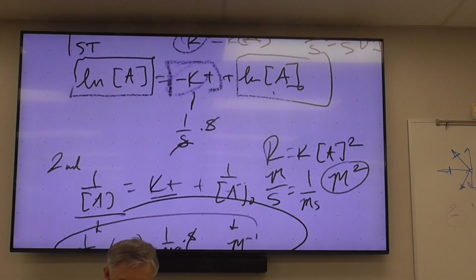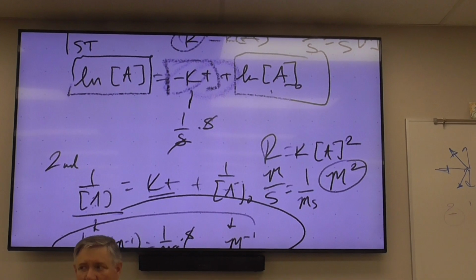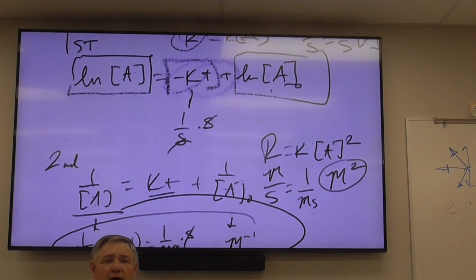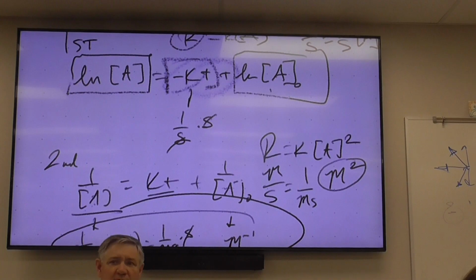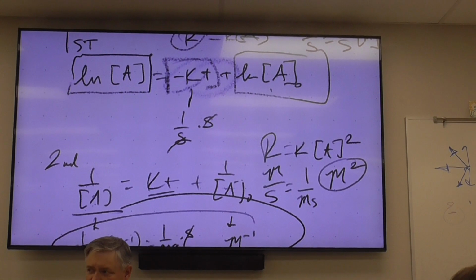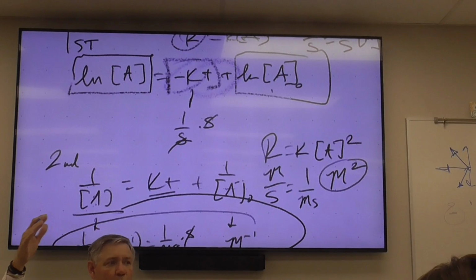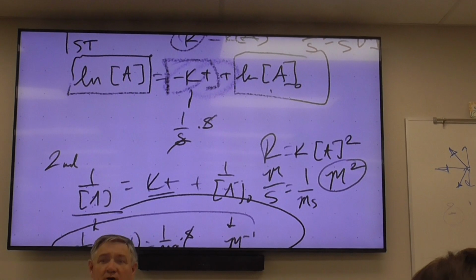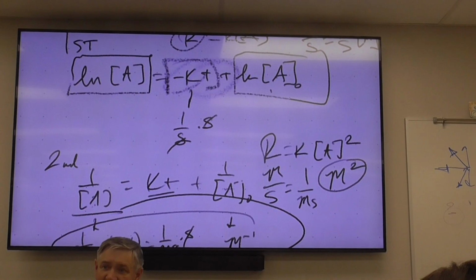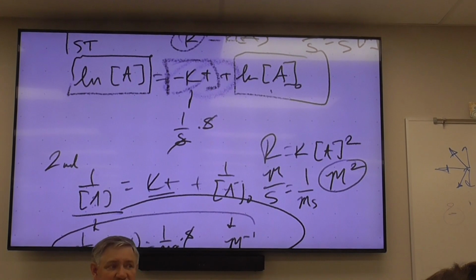So the advantage of the integrated rate law is that this involves time. Everything on this involves time. So what that allows you to do is end up with being able to make a prediction. So if you know what the rate constant is, and you know what the value of time is, you can go, oh, cool, I can calculate a concentration after a certain period of time.